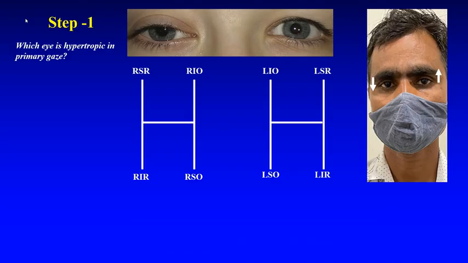So we do a test called Parks-Bielschowsky three-step test. The first step is which eye is hypertropic in the primary gaze. As you can see from the figure at the right of your screen, the left eye is hypertropic.